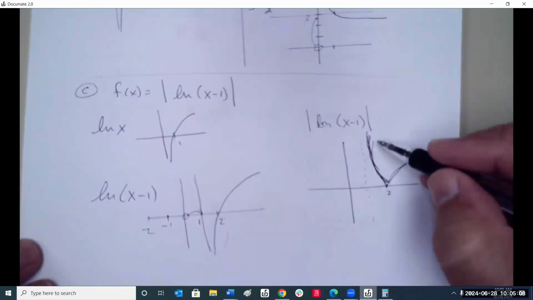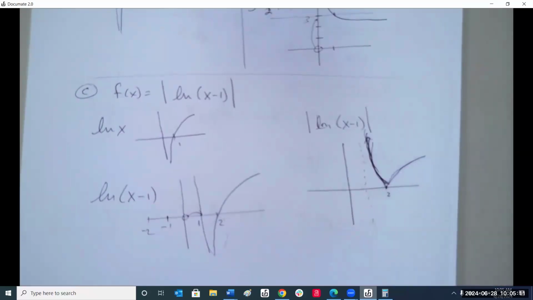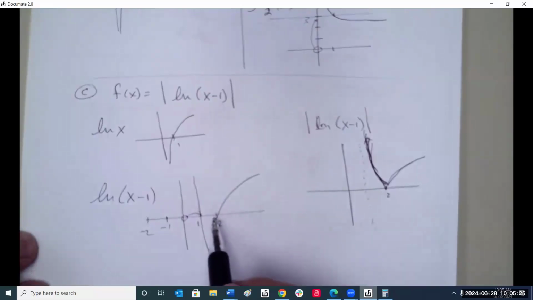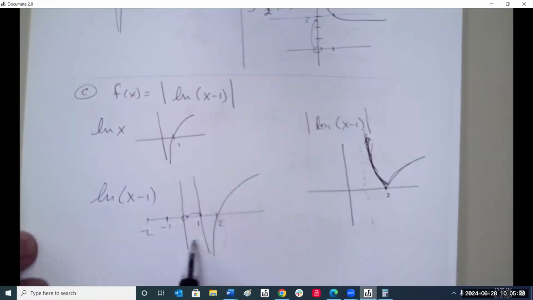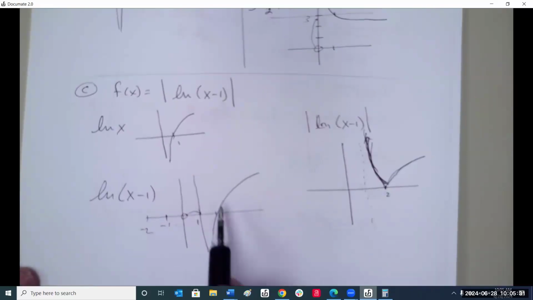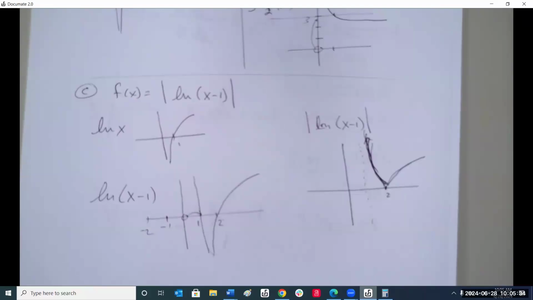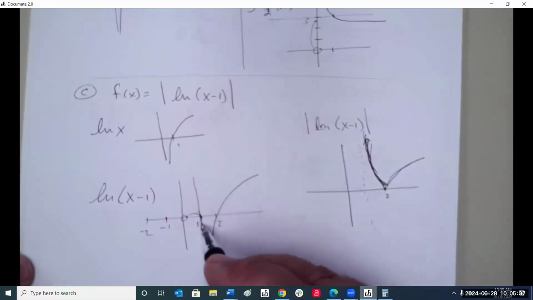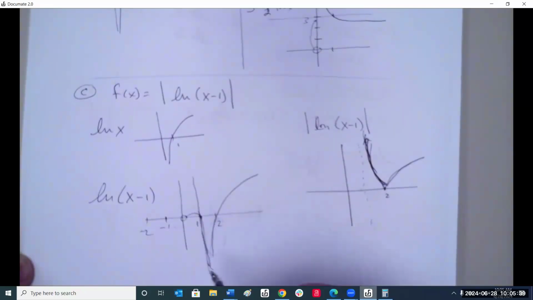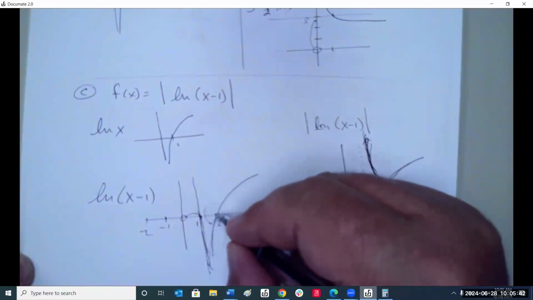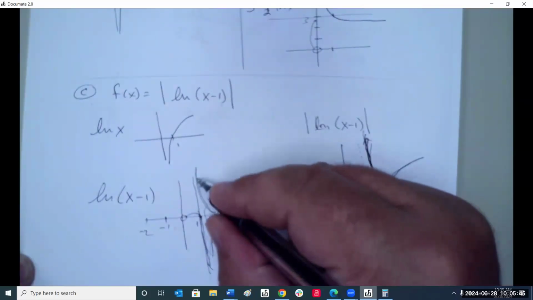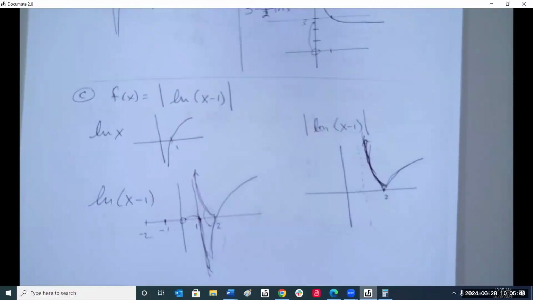Instead of going down here, they now go up. So the only thing that changes is where it's negative. It changes from negative to positive. And since it approaches this vertical asymptote, when I flip this part up, it still has to follow the same shape. So that's what that looks like.